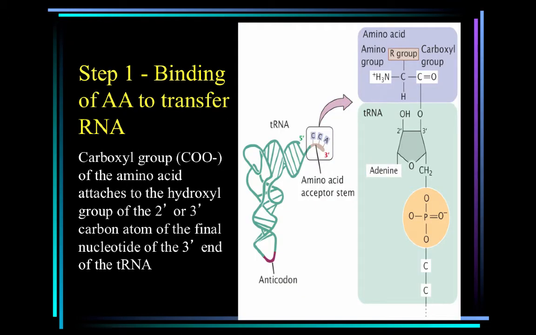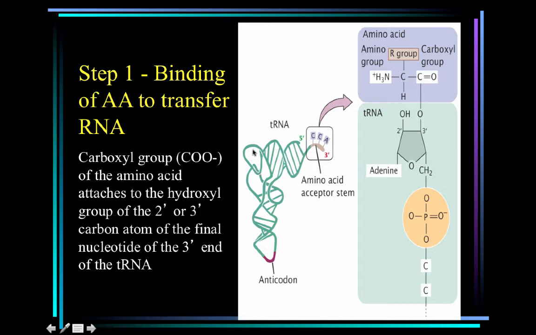So step one is tRNA charging, or where we see a binding of an amino acid to a transfer RNA. And this happens on the carboxyl group. So if we look at this transfer RNA structure here, we can see that it's made up of ribose material.